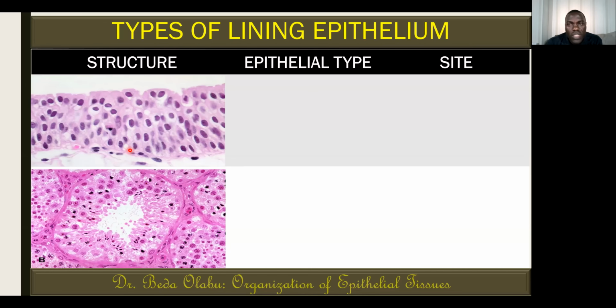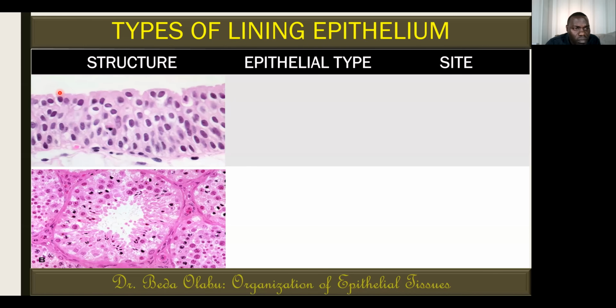The second question you ask yourself is, is it stratified cuboidal, stratified squamous, or stratified columnar? If you look at the cells on top, they appear to have rounded nuclei. I'll go with stratified cuboidal, in as much as some people may go with stratified columnar, and there's no really big deal about that. But importantly, I want to look at the shape of the cells on top, the outline of the cells.